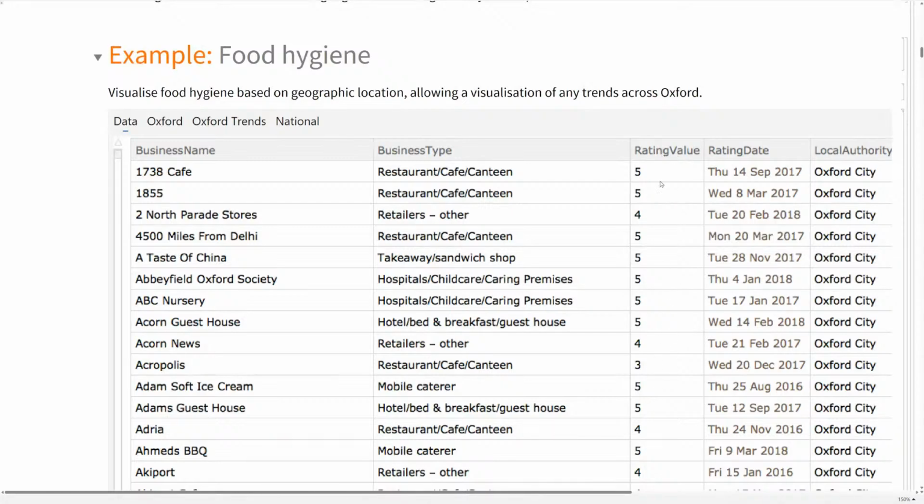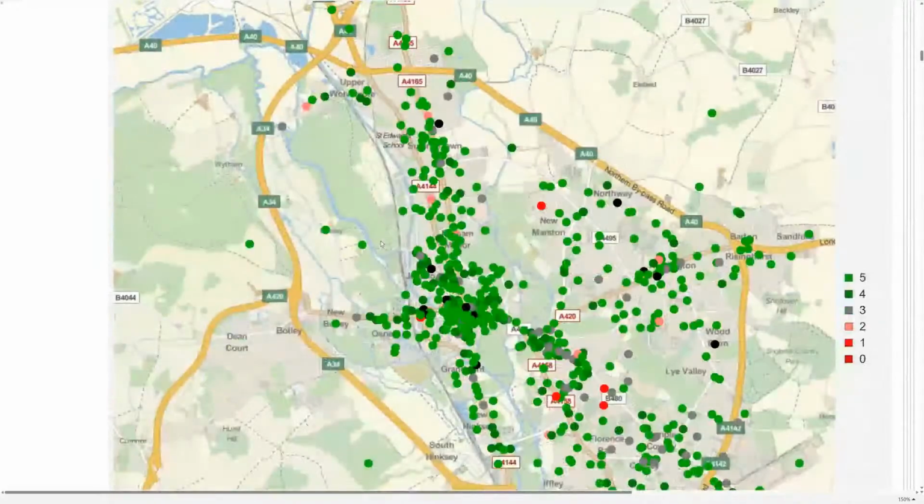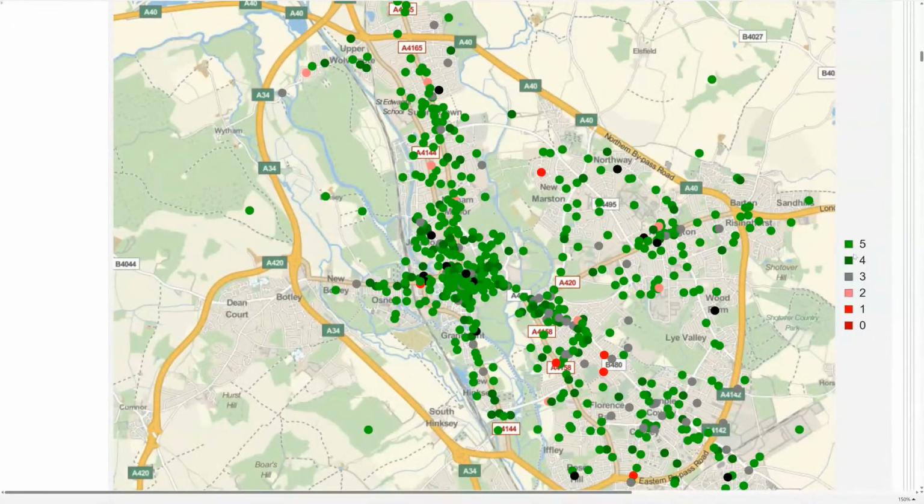We're looking at the food hygiene rating, and of course it also has address information, so we can map it. So here is the map, and we can see the legend here: the green ones are the better ones, and when it's red or pink, it's mostly concerning, and I would assume the black means no data yet.